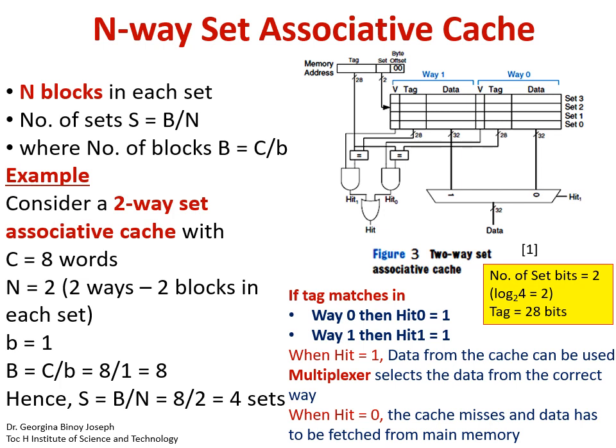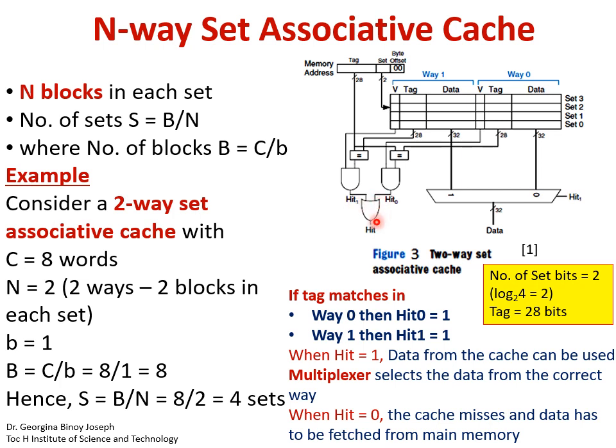So the valid bit is also checked for each case, just like in the previous direct map cache. So if the required data is in way 1, then hit 1 will become 1. If the required data is in way 0, then hit 0 will become 1. As we know, hit 1 and hit 0 both simultaneously cannot become 1. They can be 0, 0, they can be 0, 1, they can be 1, 0, but they cannot be both 1, 1.